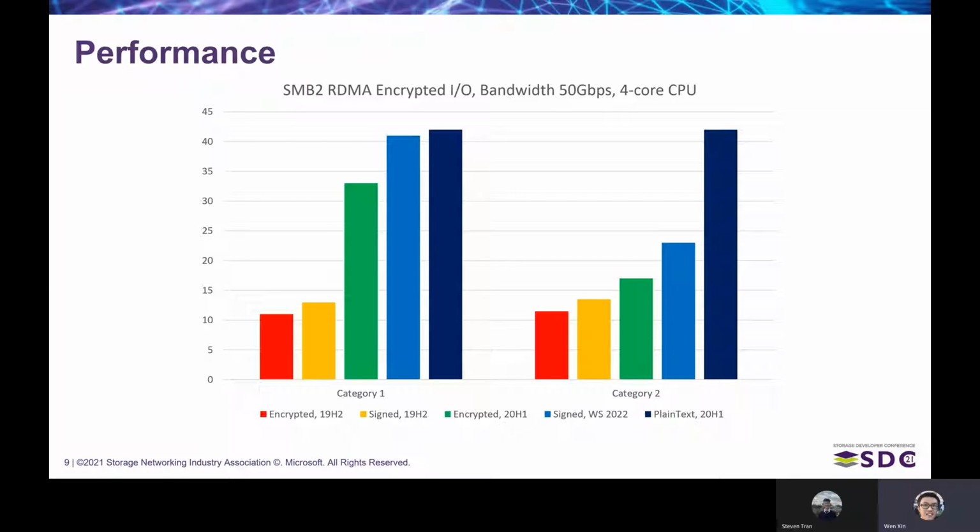On the left it's the write performance, and on the right side it's the read performance. As you can see, there's a pretty good perf improvement from using DDP with the transforms. Encryption had roughly a 2x improvement, and so did signing, roughly 2x.